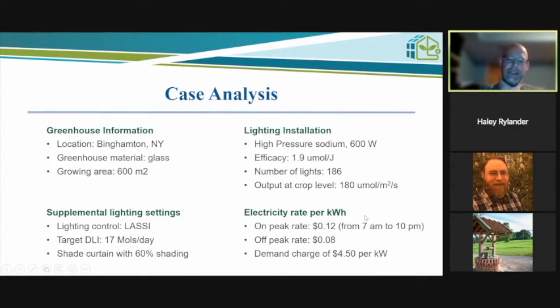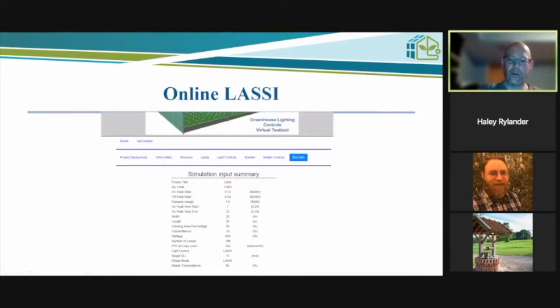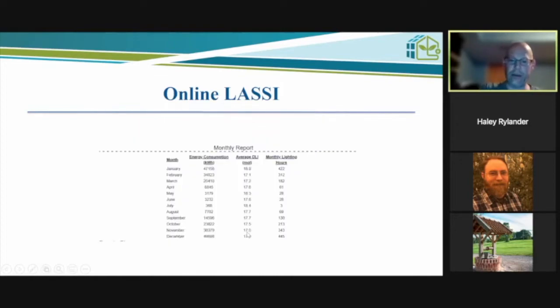Again, we're just using a simple on and off peak rate, like the original LASSI, as well as the demand charge for the electricity. After putting in all the information, you get a summary of what you've input, and then you can run the simulation, and you get monthly reports as well as annual values.